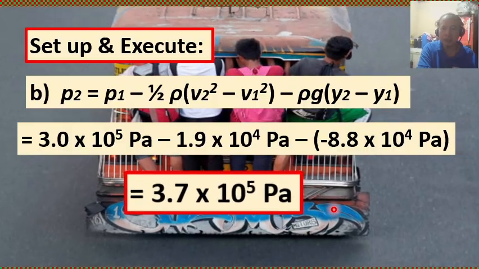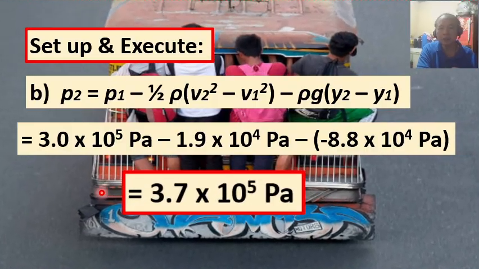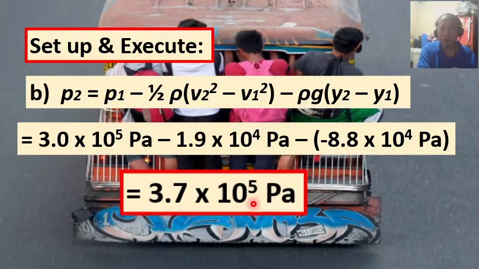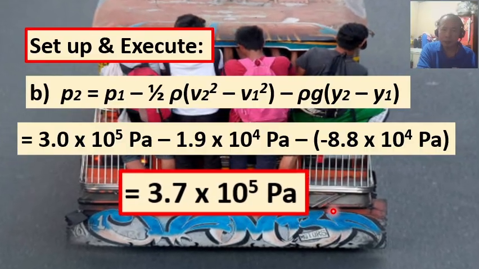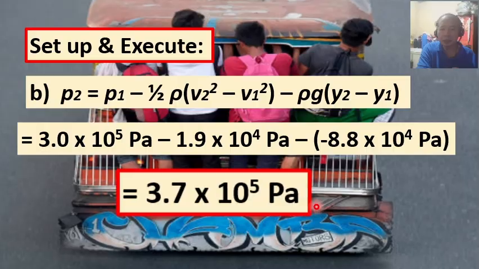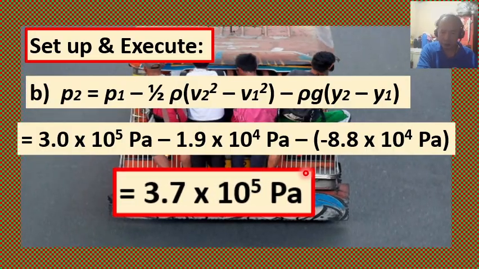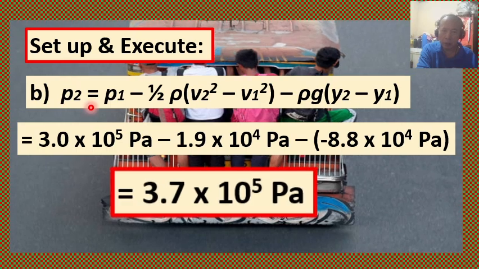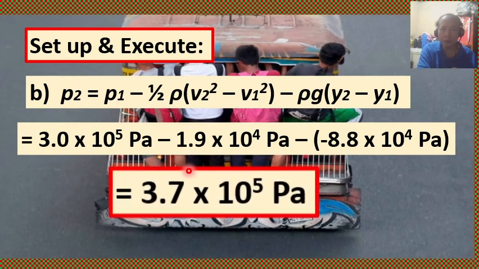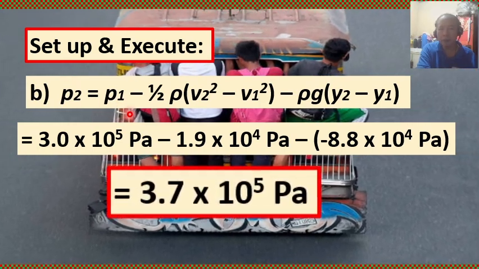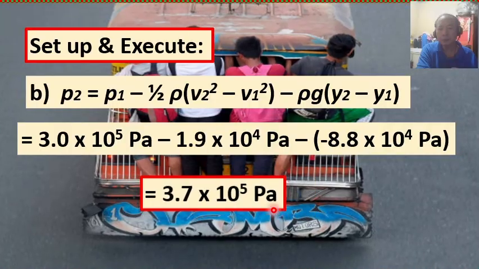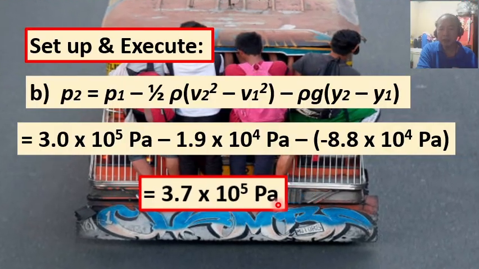And logically also, we expect that the value of the pressure in the pipe located at the ground floor must indeed be higher compared to the pressure P1, or the pressure in the pipe located at the rooftop. By how much greater?